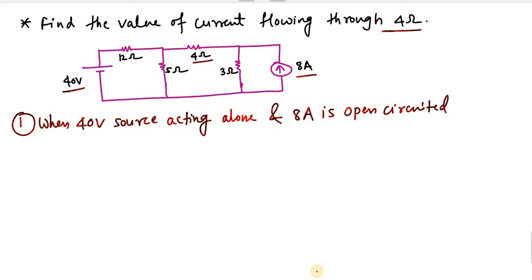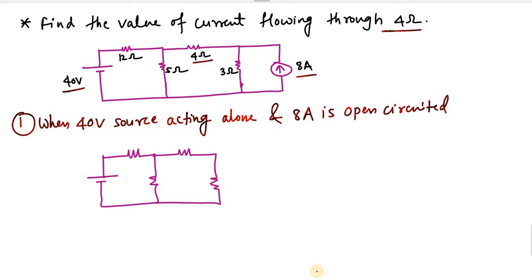So what will be the circuit diagram? This is the circuit diagram when 40 volt is acting alone in this circuit and 8 ampere is open circuited. Now we have to find the current through this 4 ohm resistor.